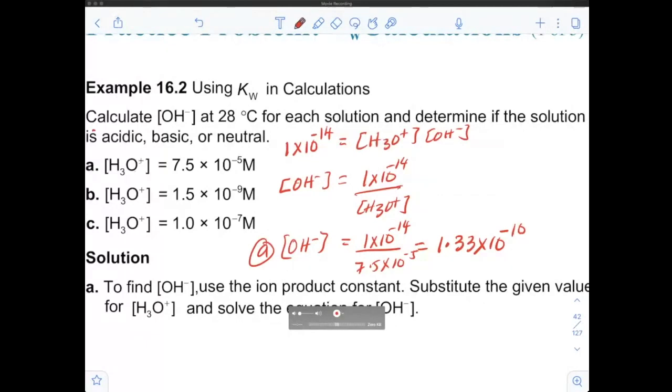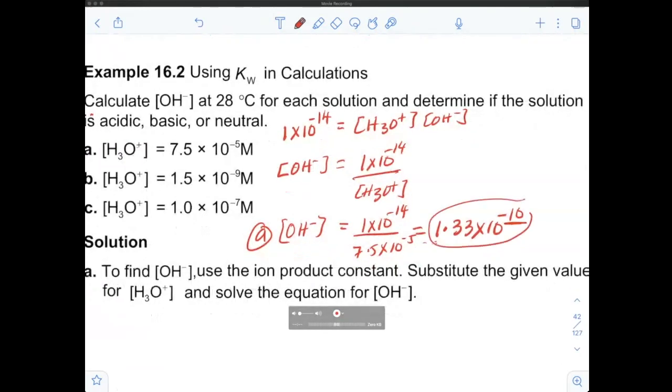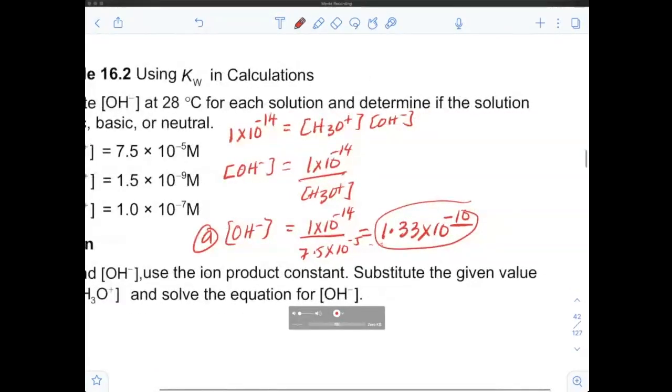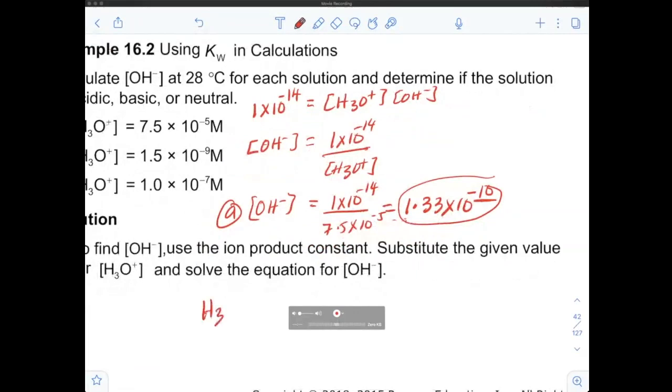Since this one is going to have more zeros, it will end up being smaller than that. So I'm comparing these amounts. For H3O plus, I had 7.5 times 10 power negative 5 molar versus OH minus, which I had 1.33 times 10 power negative 10 molar.